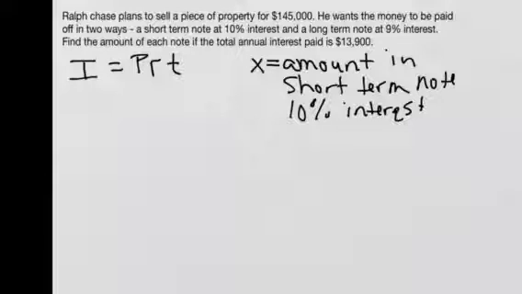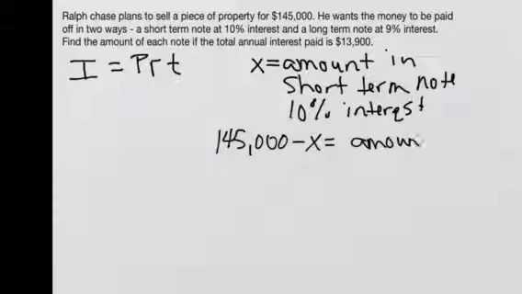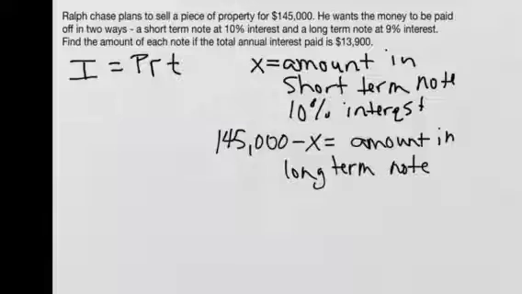So since we only know that it's X, what we'll say is $145,000 minus X is going to be the amount in the long-term note.